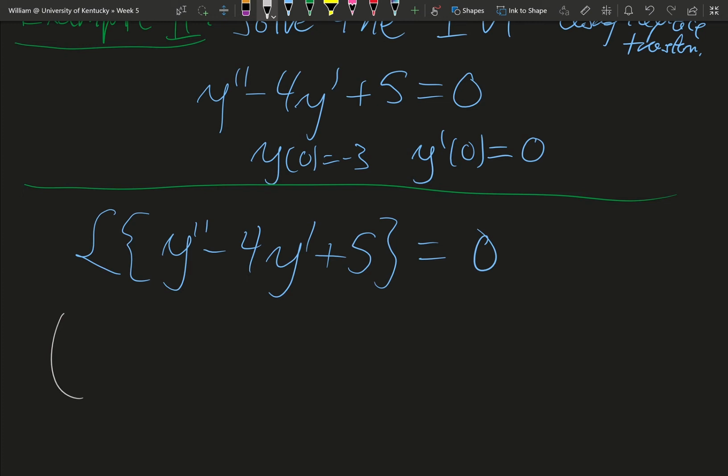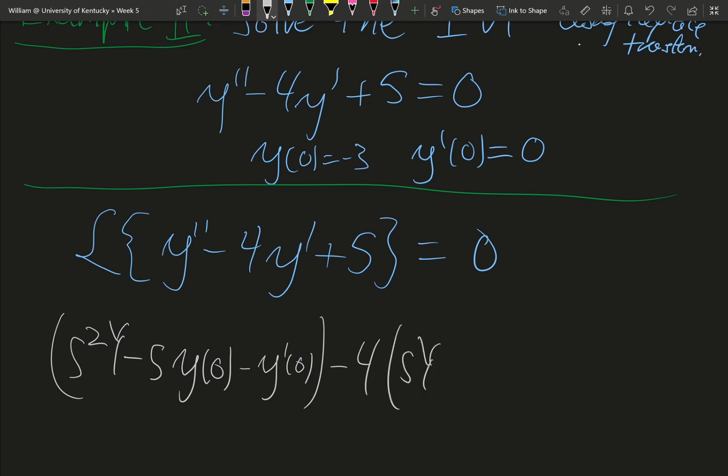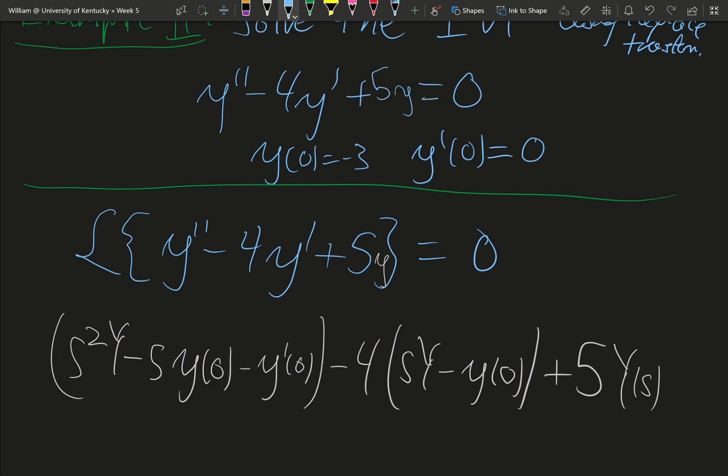Here we're going to have s squared times Y minus s times y of 0 minus y prime of 0 minus 4 times s capital Y minus y of 0, and then plus 5, oh, whoops, I forgot the Y there. There we go.